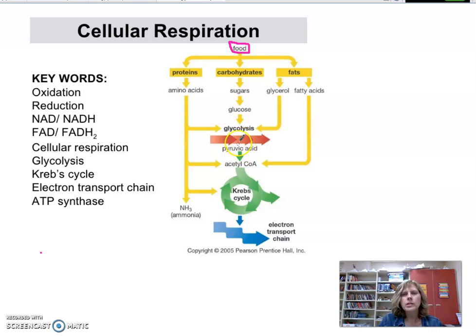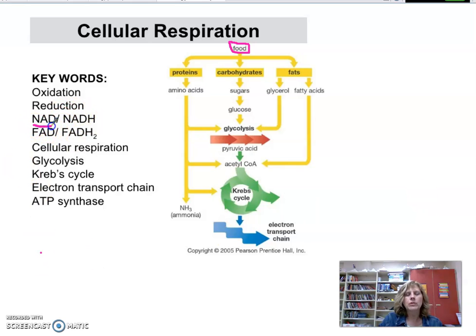And those then basically get fed into the Krebs cycle, also called the citric acid cycle, where each pyruvic acid molecule is going to go through 1 round of this Krebs cycle.